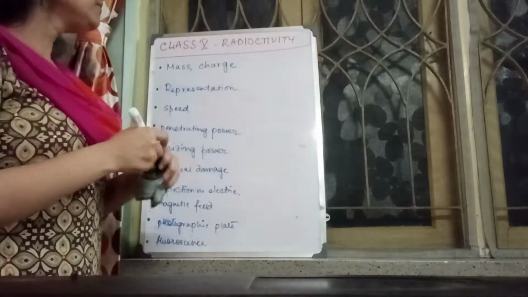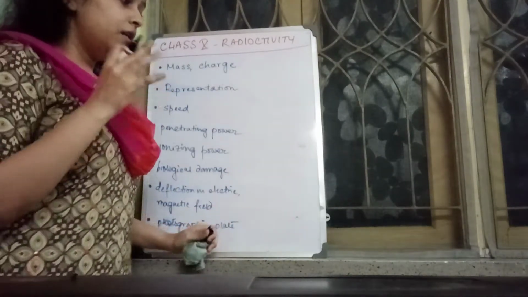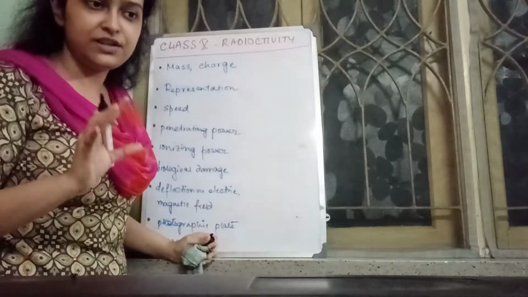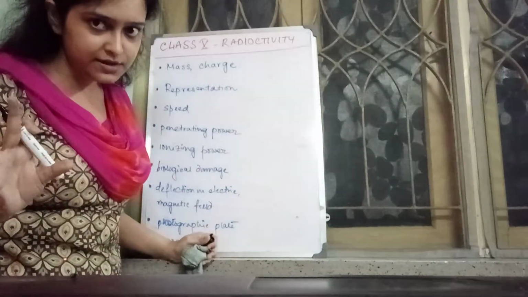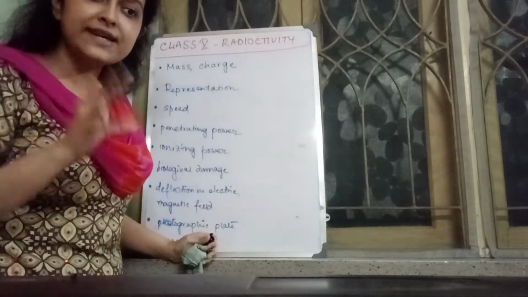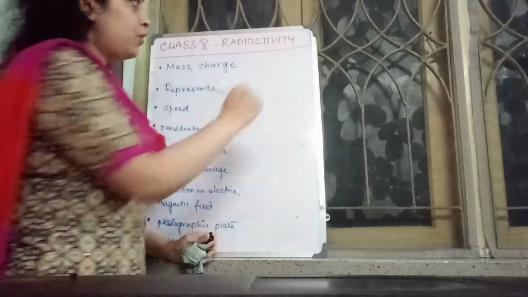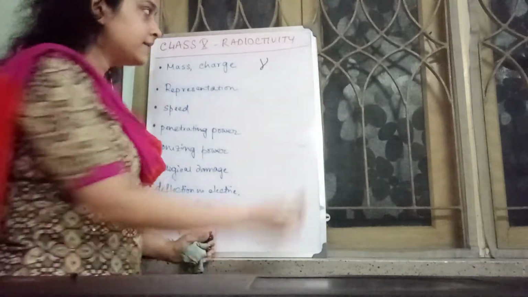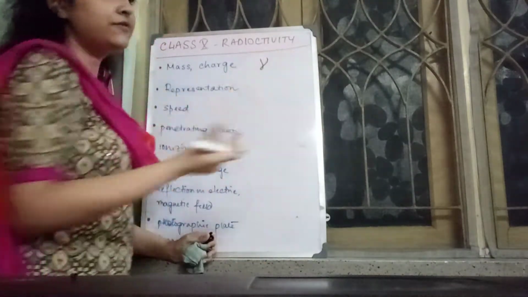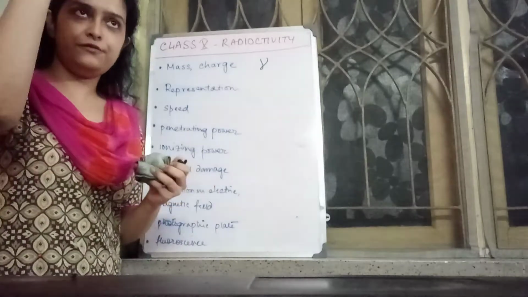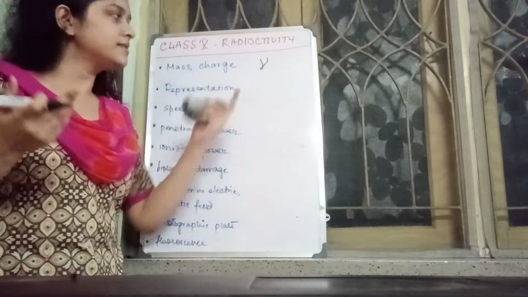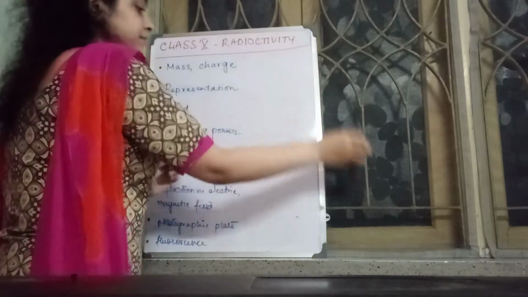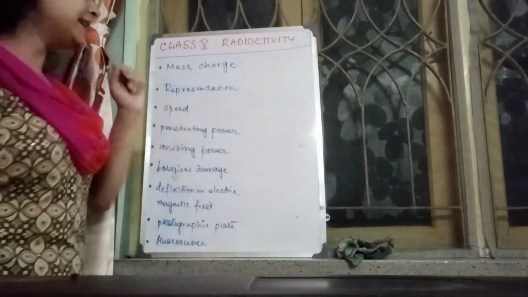So what is its charge then? No charge. Gamma radiations carry no charge. What is the mass? Rest mass 0. We represent gamma like this. Either you can also give 0 like alpha and beta, or simply like this.